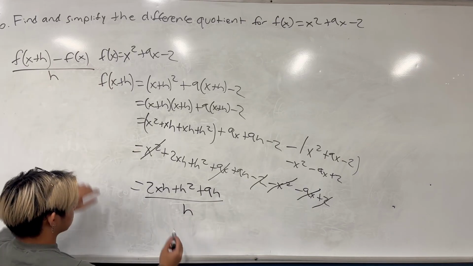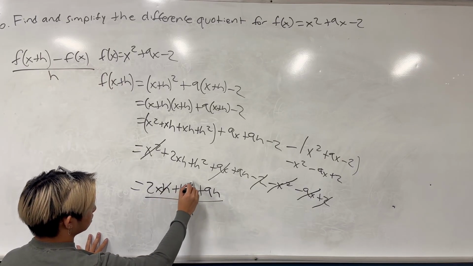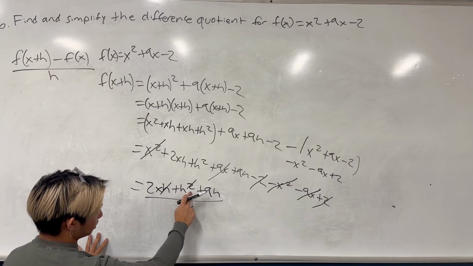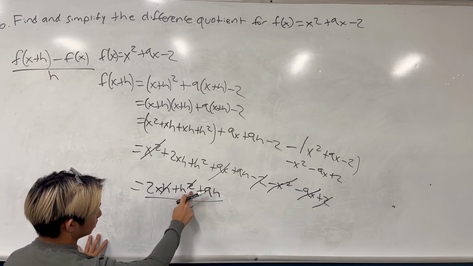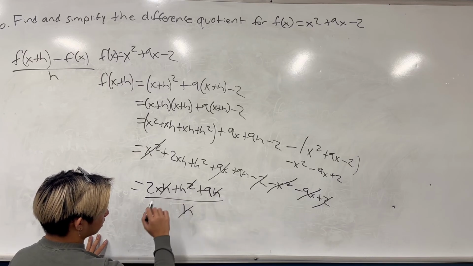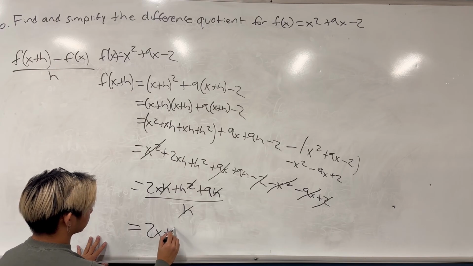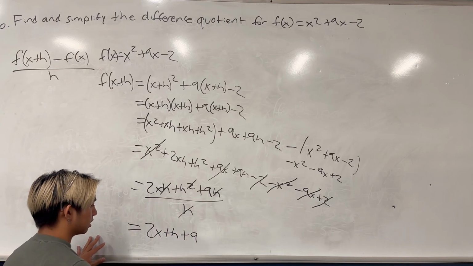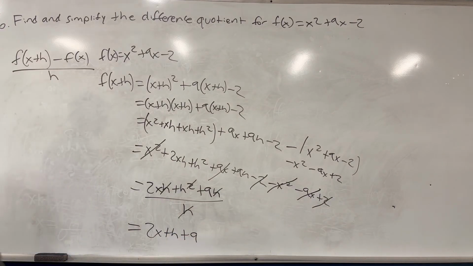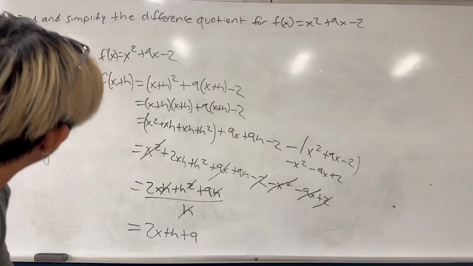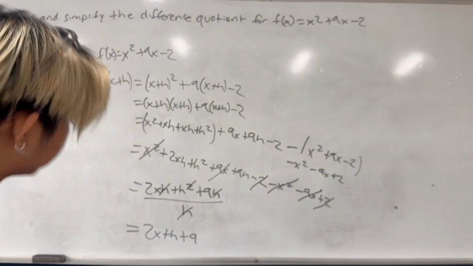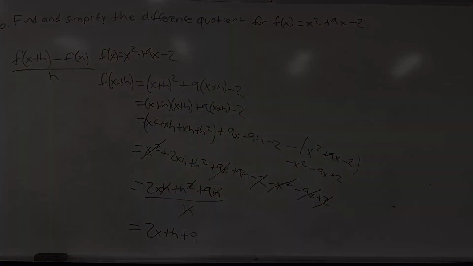Let's cross out the h, and the h in each term, so this becomes 2x plus h plus 9. That should be our answer. Let me double check. This is question 16. Yes, 2x plus h plus 9.